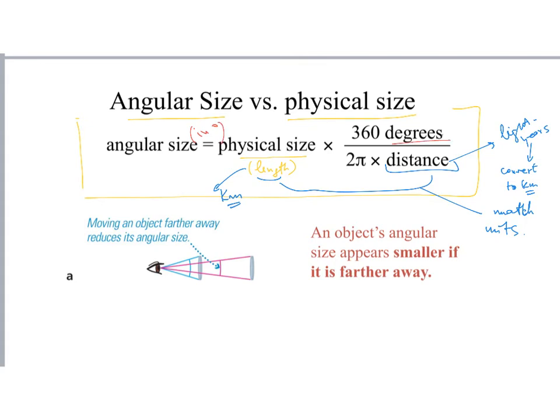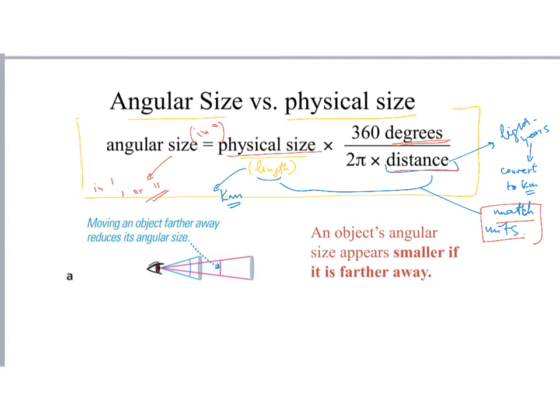If you get a really small number, a tiny number of degrees, and Mastering Astronomy might ask you to provide the answer in arc minutes or arc seconds, you're going to have to do the conversion, going back and forth between them. So definitely make sure you match the units. The distance and the physical size need to have the same units.